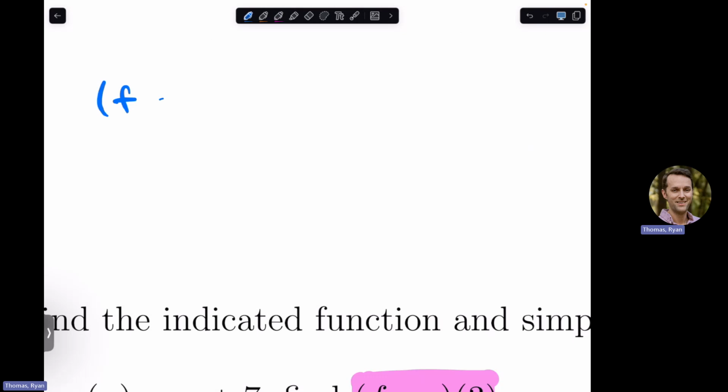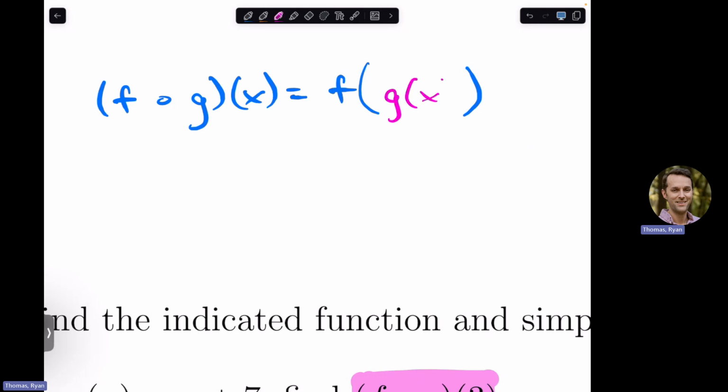So when we write f of g of x, what we mean is f of g of x. In other words, we're going to have a thing that looks like f, but anywhere f had an x before, I'm going to replace it with g of x.